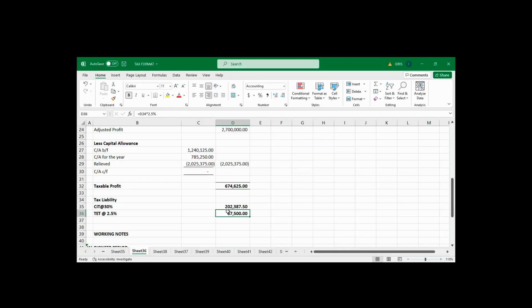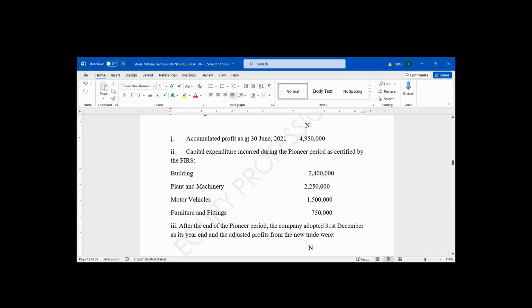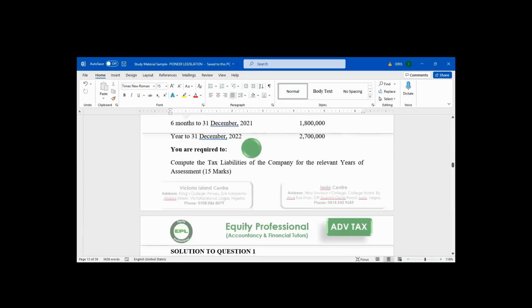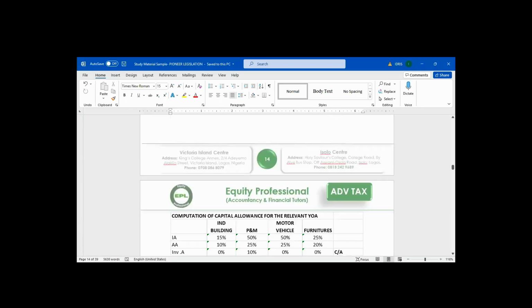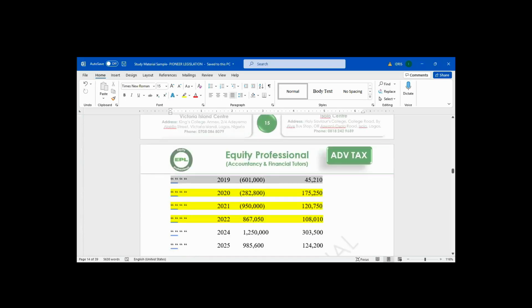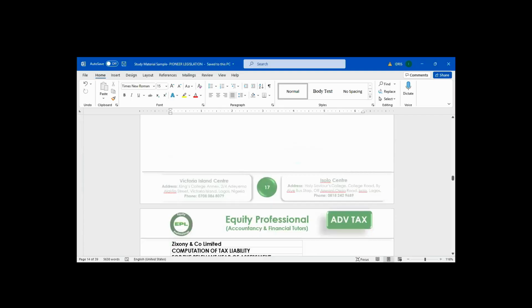Do we have any question, any query? Do we have any question? So in the absence of any question, we move to the second question we are going to solve tonight. So, sir, please, just for clarity purpose, the whole pioneer topic is just to ensure that no tax is computed during the 3 years of pioneering phase, and also that capital allowance is computed a day after the pioneer period.